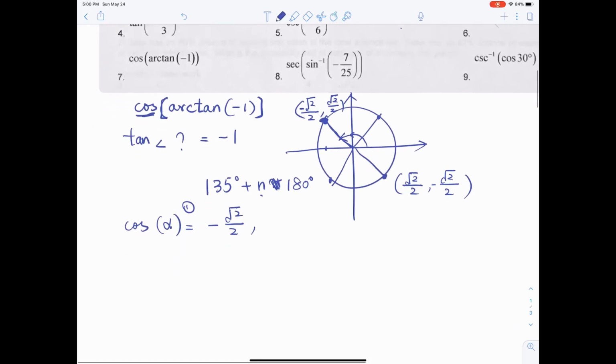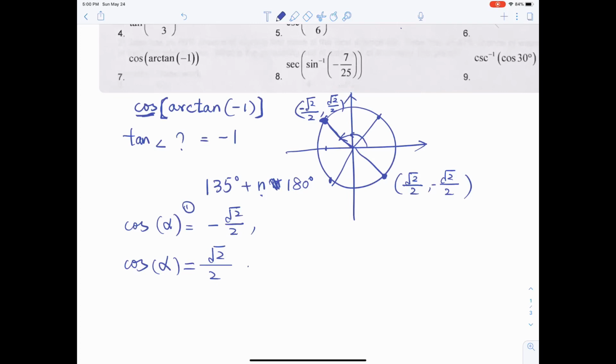And we can also use this one. The x value is positive root 2 over 2. Cosine alpha is root 2 over 2. This is also a good value.